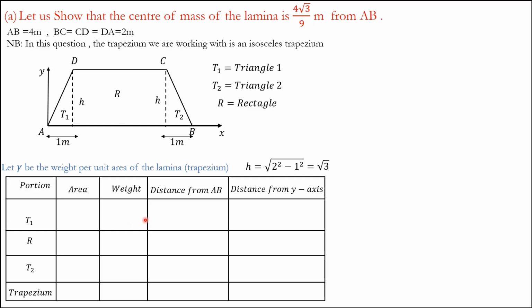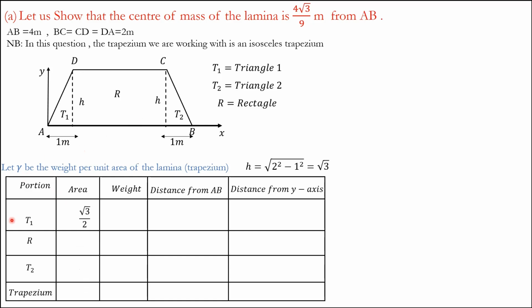The sum of the moments of the triangles and of the rectangle is going to be equal to the moment of the lamina, which is the trapezium. So coming out with this table helps you to easily see what multiplies what when you take moments about AB.